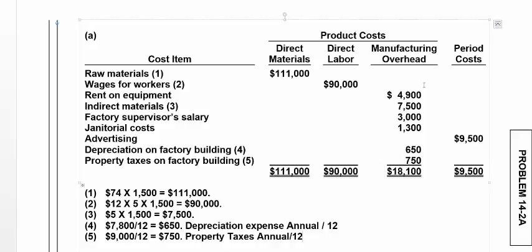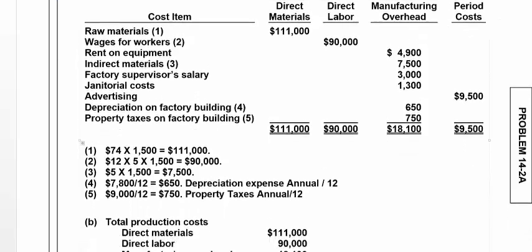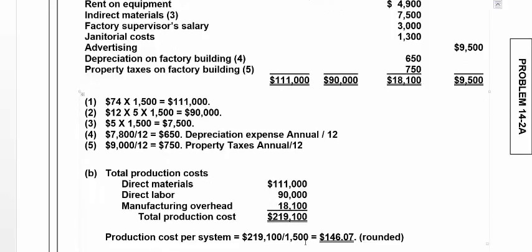And then if we wanted to calculate the cost per unit to manufacture, we would take DM plus DL plus MOH and total those numbers up and divide it by 1,500 total units to give us $146.07 per unit. Again, this is the cost of manufacturing it. Management, sales, and marketing would be using that information to calculate what they think we could sell it for and hopefully generate ourselves some net income.